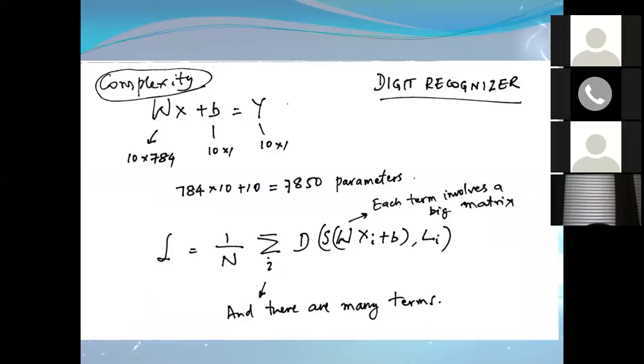And that is for one example, and you're looking at n such examples. In the digit recognizer set, you have 60,000 examples. So you have 7,850 times 60,000 calculations.